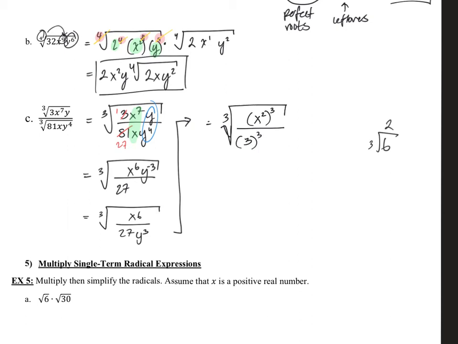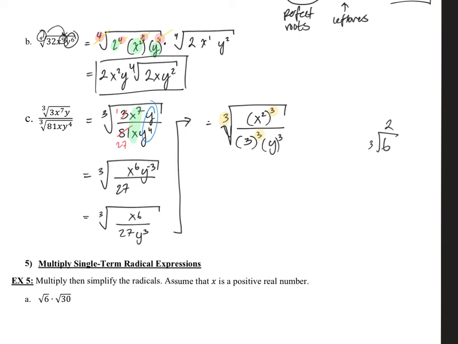Notice my plan is going really well so far. I've been able to write my bases as powers of 3. The last thing is I want to write y as y to the 3rd power. Well, we're in luck. It already is written as something to the 3rd power, so it's y to the 3rd.